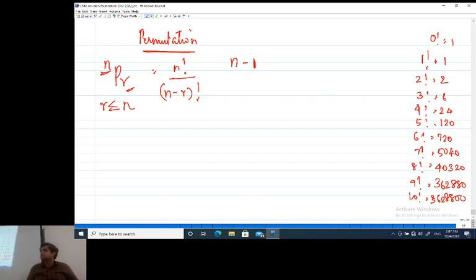When I count the students, counting him or not makes no use. I can as well ignore him and count the rest. So it is always given by n minus 1 P r, where an arrangement does not contain a variable from the given set. For sure, it is n minus 1 P r.